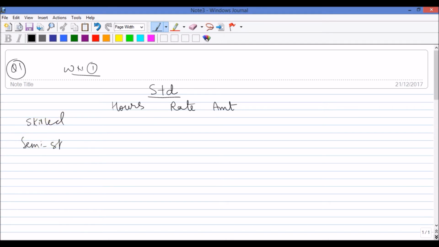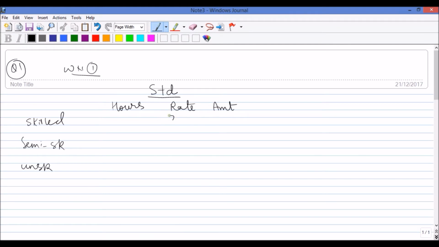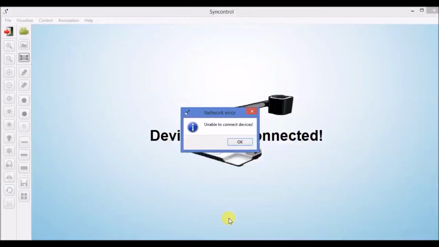Then the wage rate per hour is 20, 12 and 8. Now I need to find hours.